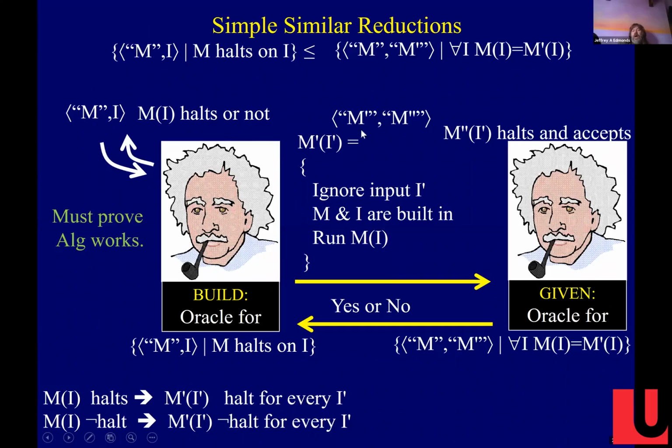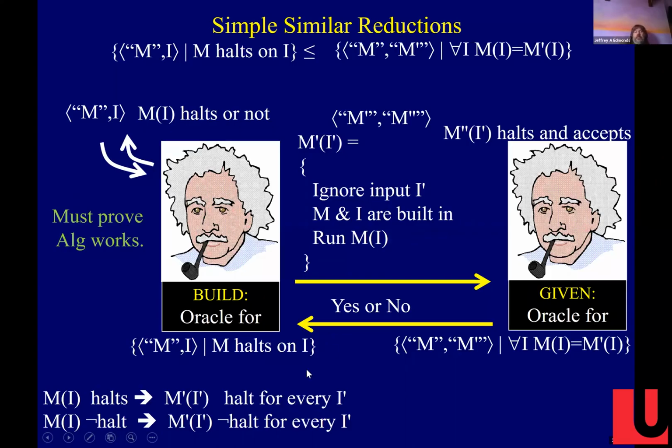My M prime will be exactly what I always do, the same M prime as always, designed from M and I. But what's M double prime going to do? M double prime is a really easy algorithm. All it does is ignore its input, and no matter what, it stops and accepts.